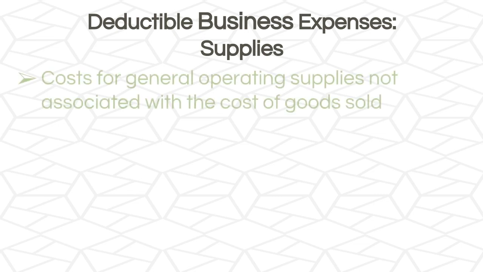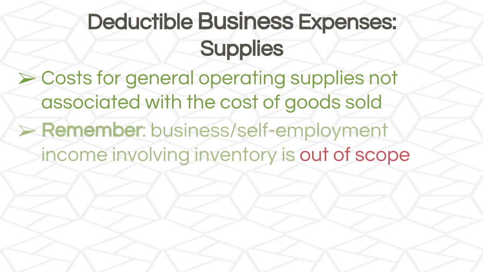The taxpayer can deduct costs for general operating supplies not associated with cost of goods sold. So, as we said earlier, remember, business and self-employment income involving inventory is out of scope. So if the taxpayer has anything related to cost of goods sold, that will be indicative of inventory and will therefore be out of the scope of VITA.